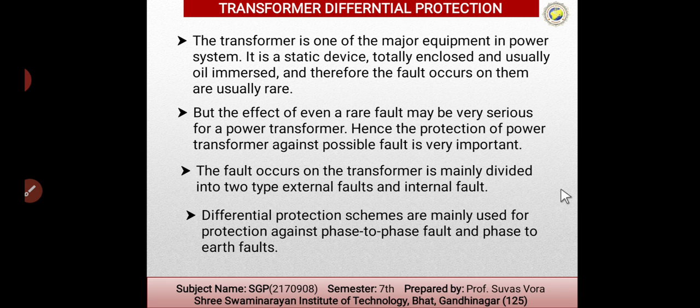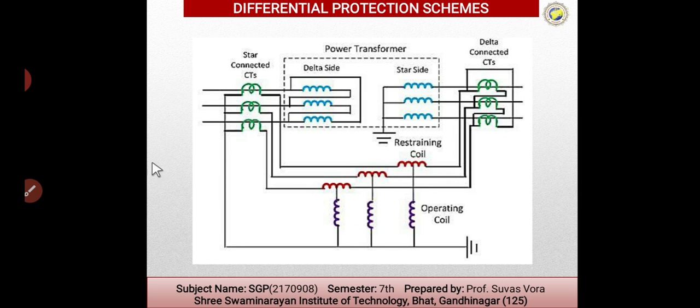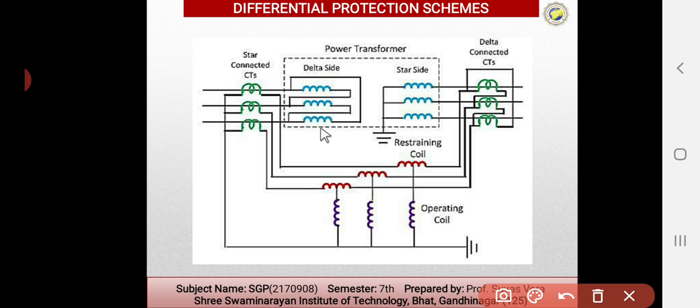So in the earlier chapters we can see the differential protection systems. In the figures you can see the internal winding of the transformers, and both the entering side and the leaving side, the CTs will sense the phase current individually. The entering CTs have star connections and the exit will be delta.